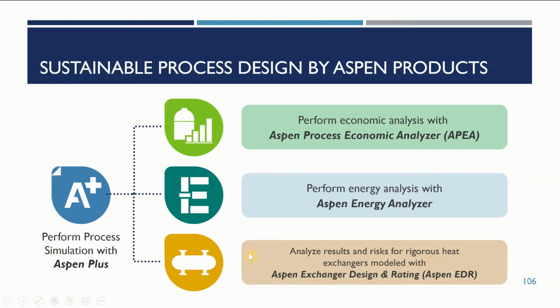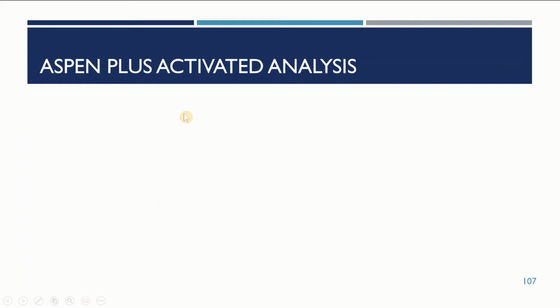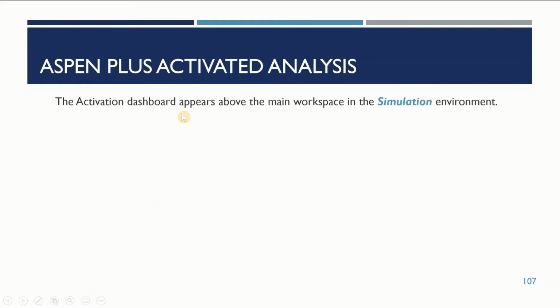To perform the results and risk analysis of the heat exchangers, you can use the ASPEN Exchanger Design and Rating, or ASPEN EDR, to assist in this task. In ASPEN Plus, there will be the Activated Dashboard appearing above the main workspace in this simulation environment.